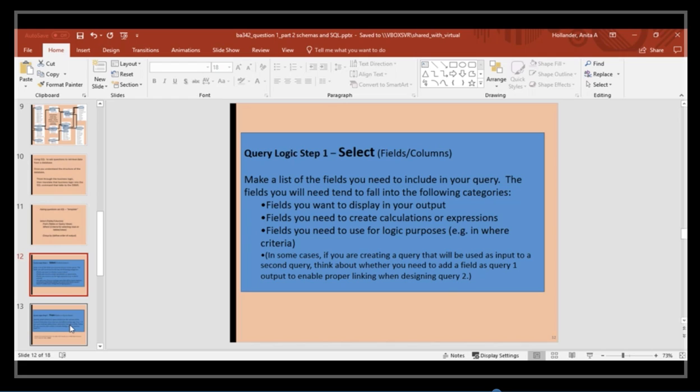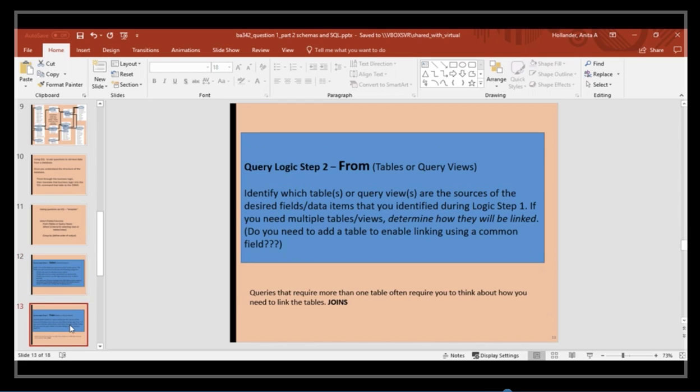For example, fields that you're going to use for filtering the data. And finally, you sometimes may need to go grab some fields just for linking purposes, so you can link one table to another table. The from is where do I get these fields? And again, I'll have to understand the database and the fields in the database to figure out which table to go to.